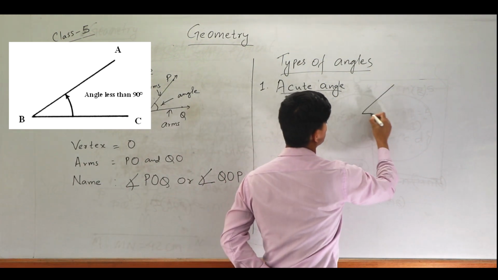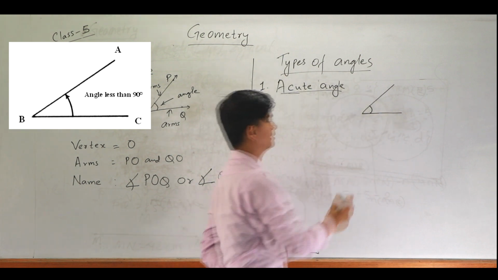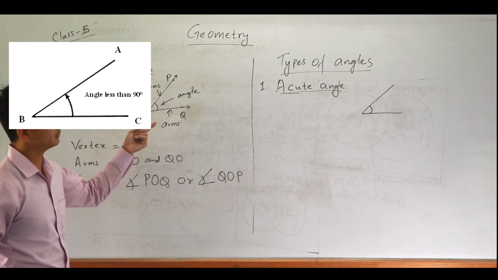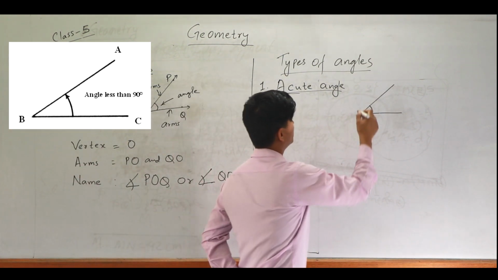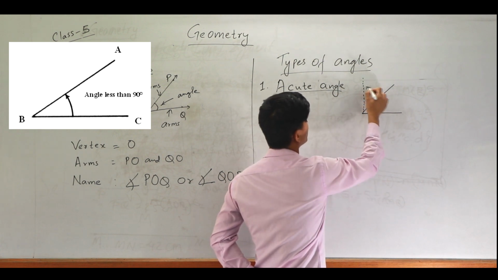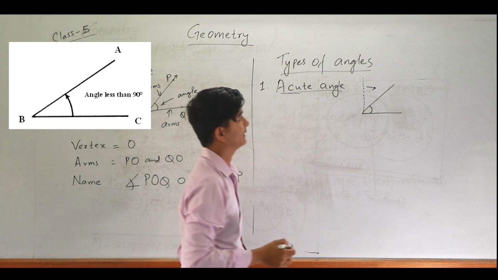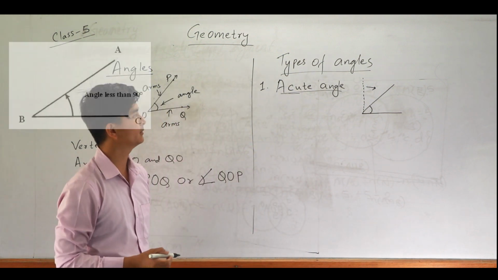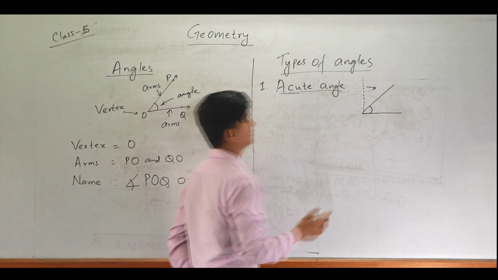Here, this is called an acute angle. I have shown you before also. This is an acute angle. Why is this an acute angle? Because if it is less than 90 degrees, we call it an acute angle.